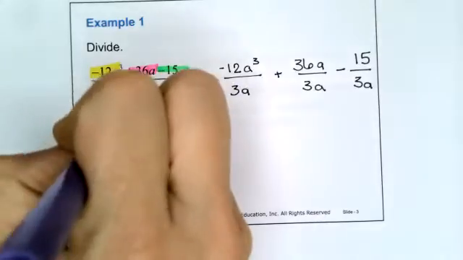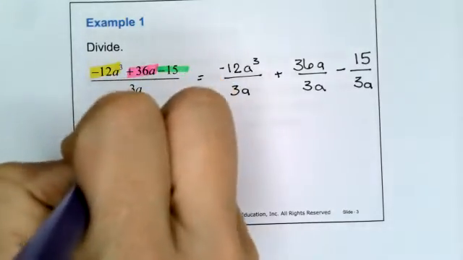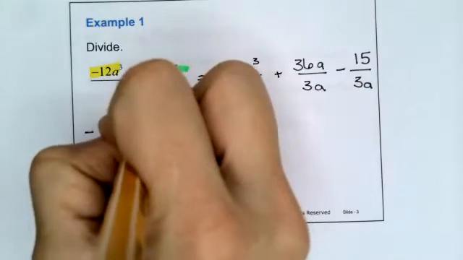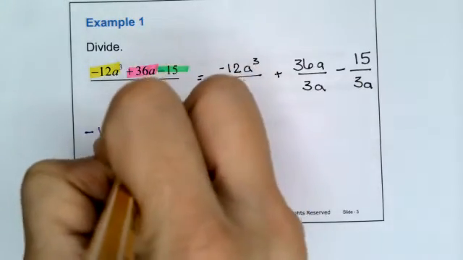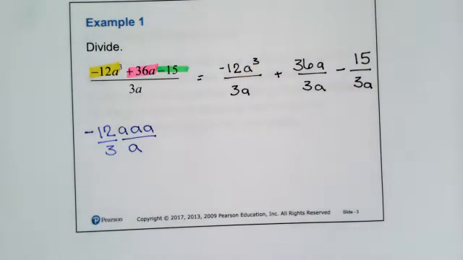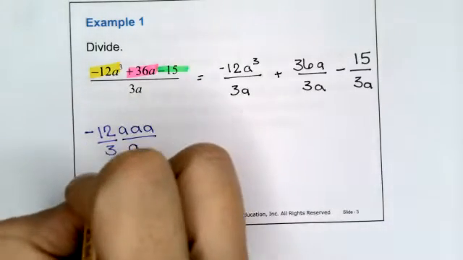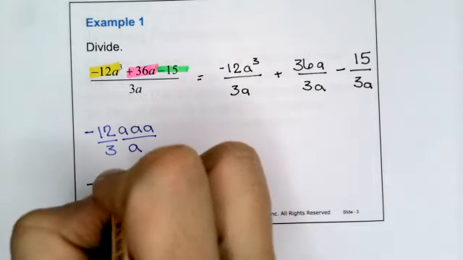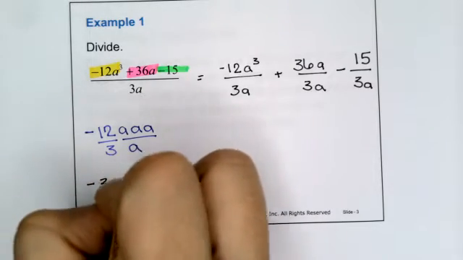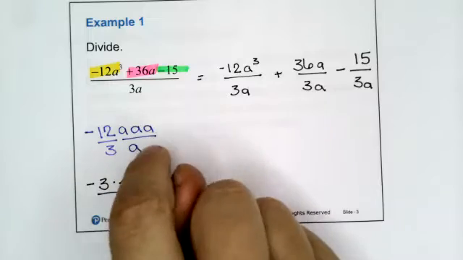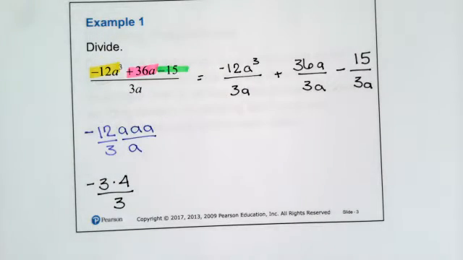So that's a negative 12 over 3 and 3 a's, a over a, right? What can I divide out? If you want to, you can factor the negative 12 into a negative 3 times a 4, right? So that's one way to look at it. And the a's are just 3 a's over 1a.